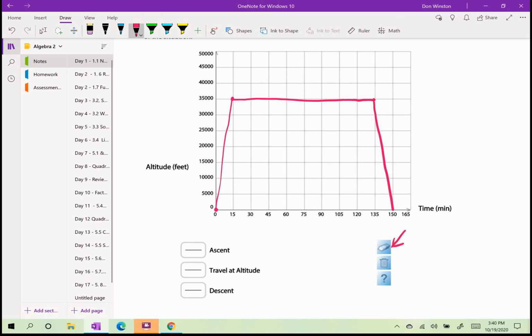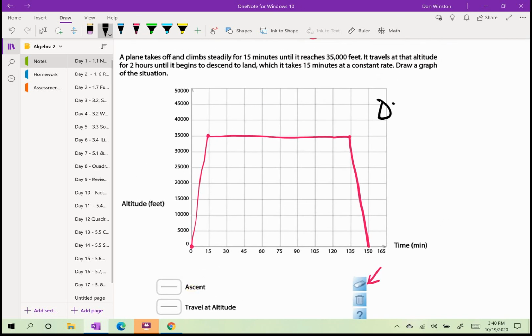Now, if you make a mistake, you can use the eraser, but that's the way you would do that. Now, what will be my domain here? My domain would be x is less than or equal to 150 minutes and greater than or equal to 0. Or in interval notation, it would be from 0 to 150. My range here, D represents domain and R represents range. If I look here, it goes all the way to 35,000 feet.